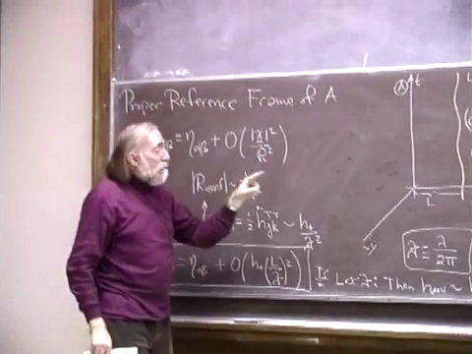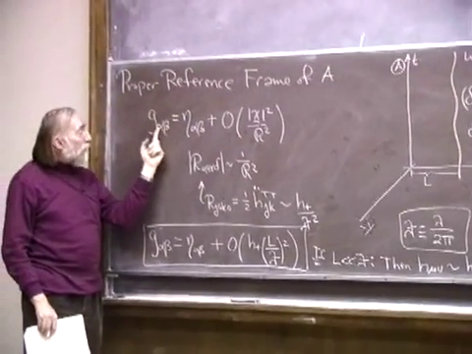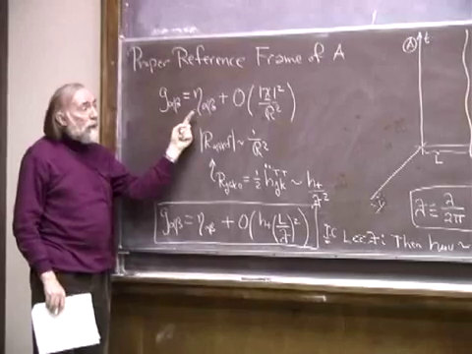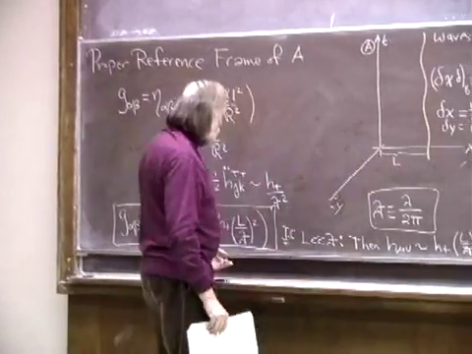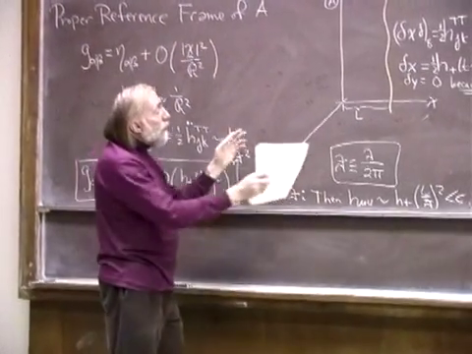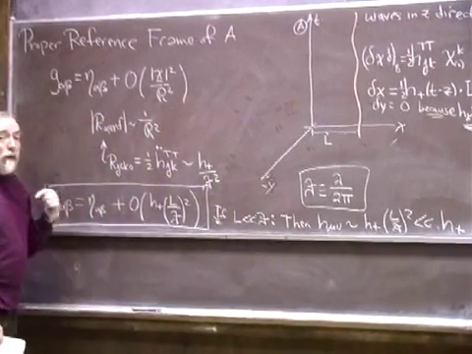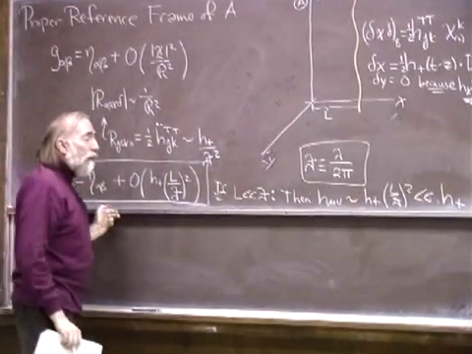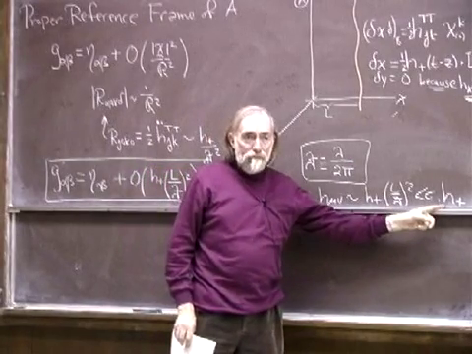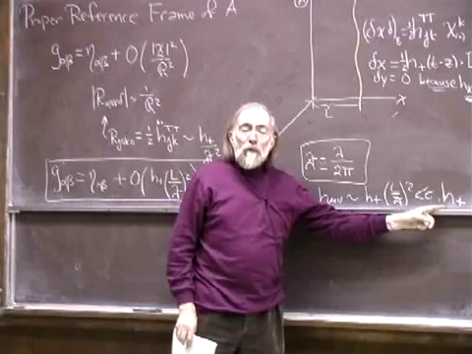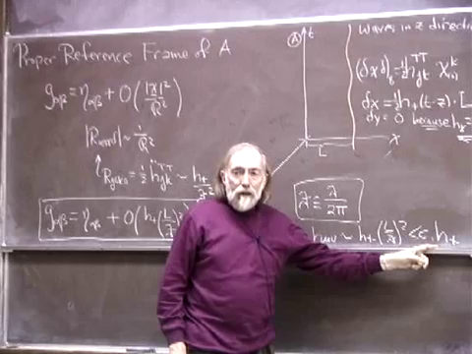You have a metric that is as close to being flat, in the sense that the metric coefficients are the flat values, as is allowed by the presence of the space-time curvature. And as close means that, so long as the system you're discussing, which has size L, is small compared to a reduced wavelength of the gravitational waves, then the metric perturbation is small compared to H plus.